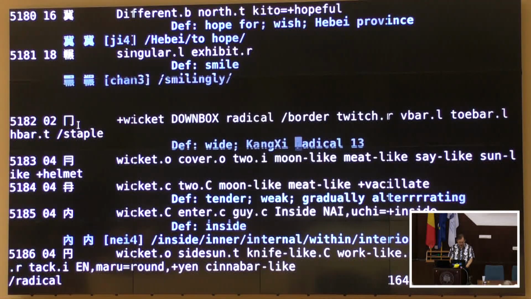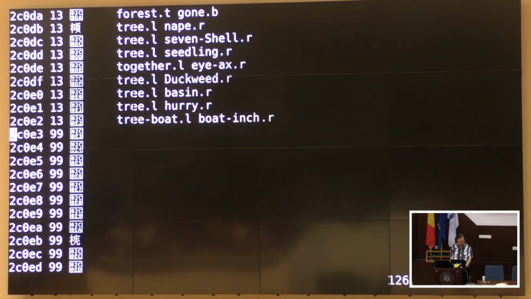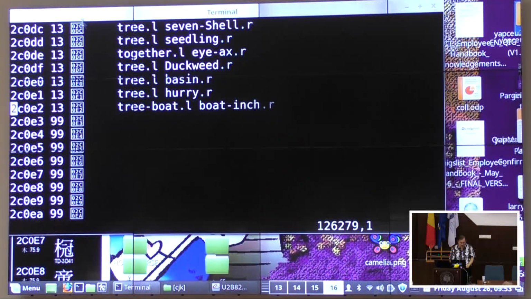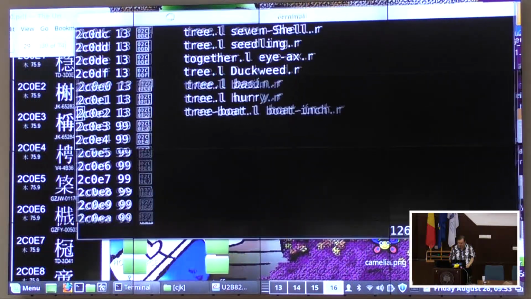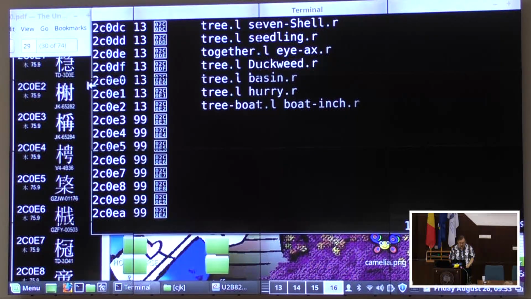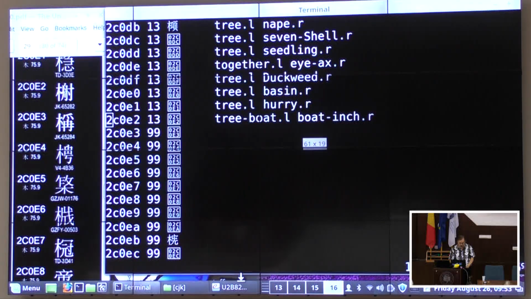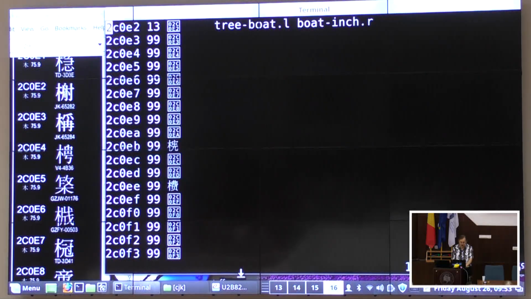Let me show you how this works. So here I'm way down in extension E. You notice I don't even have most of the characters here. They're just hex codes. So I'm sort of working blind, but what I actually have here is the Unicode PDF file that goes with it.